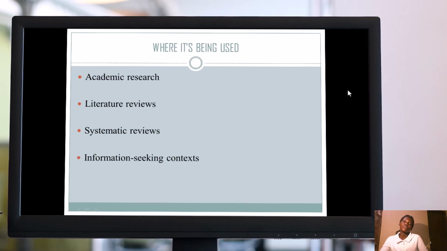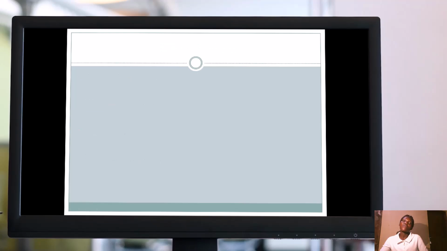Then there are what we call systematic reviews, and also information-seeking contexts. So those are basically where we are going to use the search strategies.